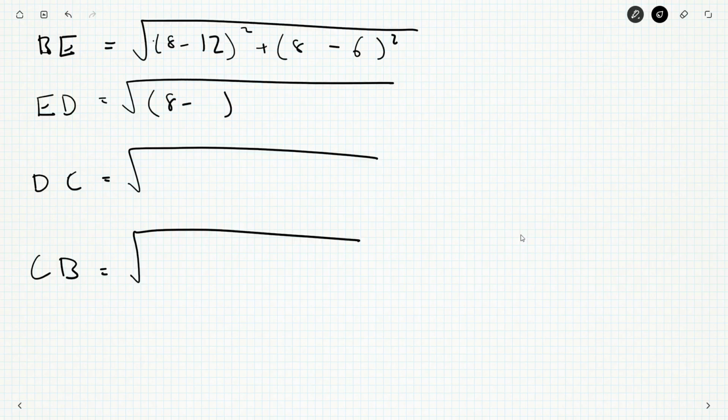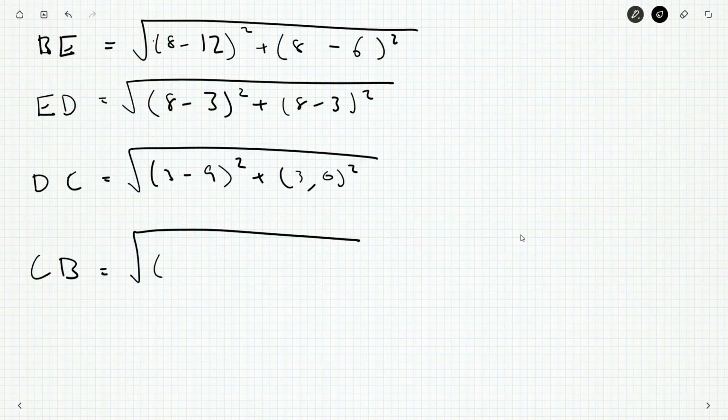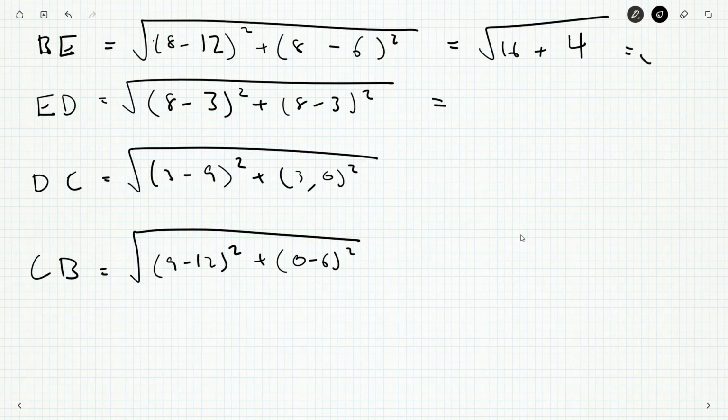ED, again, I'll put 8 first, so 8, 3, and 3, 0, and 9, 12, and 0, 6. All right, so this is 4 squared, which is 16, plus 2 squared, which is 4. So root 20. This is 25 plus 25, so this is root 50.